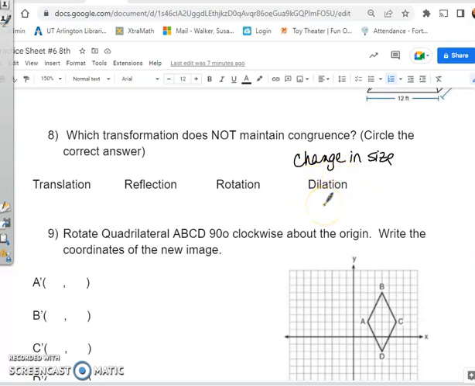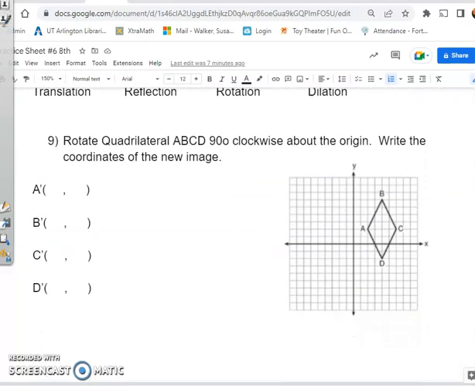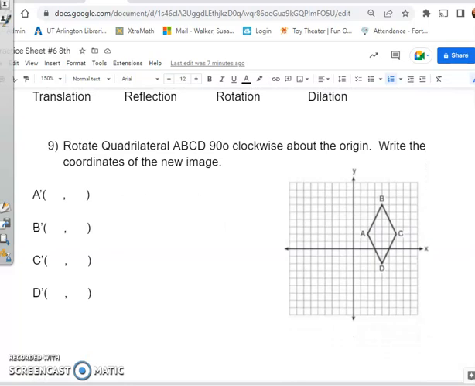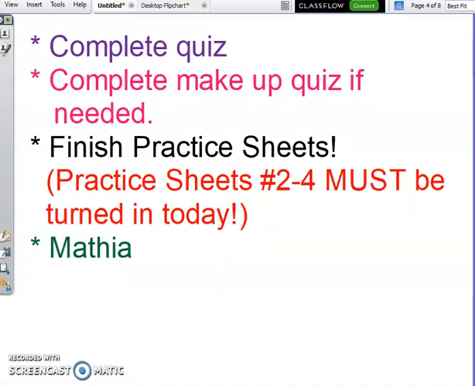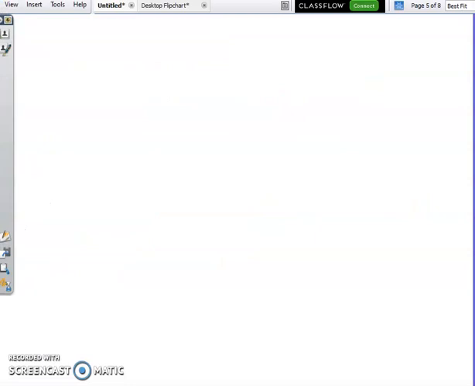Okay, and number 9, back to rotations. We need to make sure we remember this. This is going to stay on our practice sheets for a while until we have this memorized. Okay, so remember, we're going to get this all the way memorized.